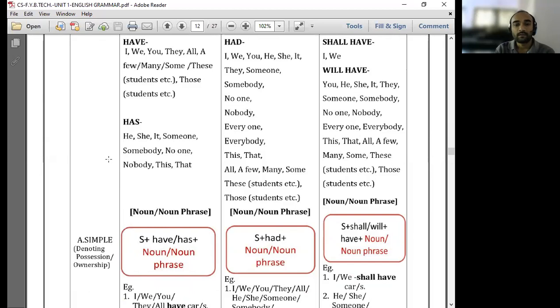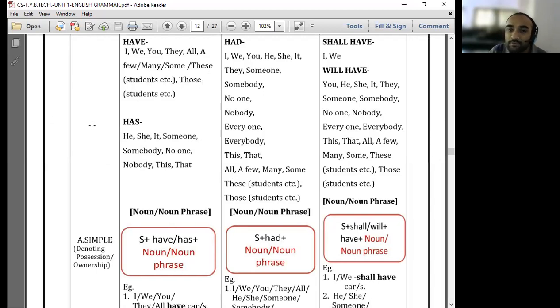So we can see that have is used for plural subjects except I, and has is used for singular subjects like he, she, it, someone, somebody, no one, nobody, this, and that.